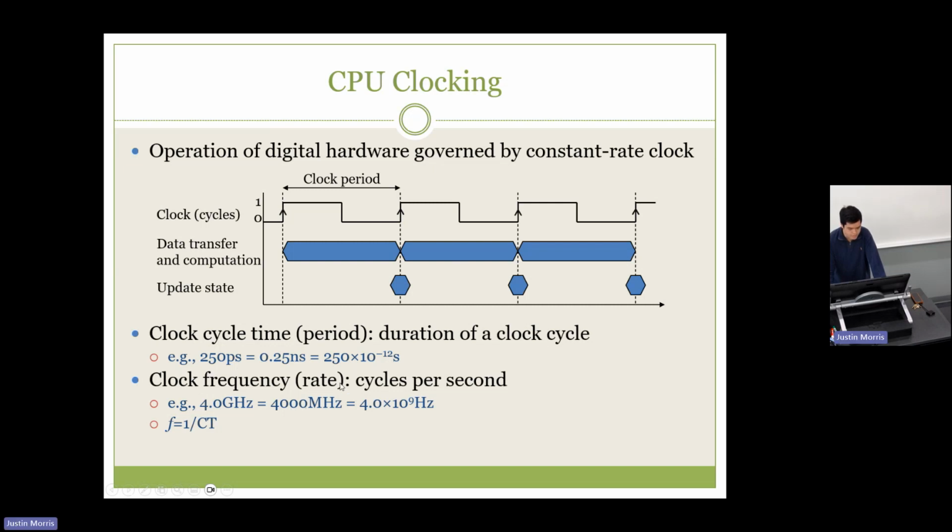The frequency would be 4 gigahertz, or 4 times 10 to the 9 hertz. And this is just 1 over 250 times 10 to the negative 12. So we're all good with this? Convert between the two?